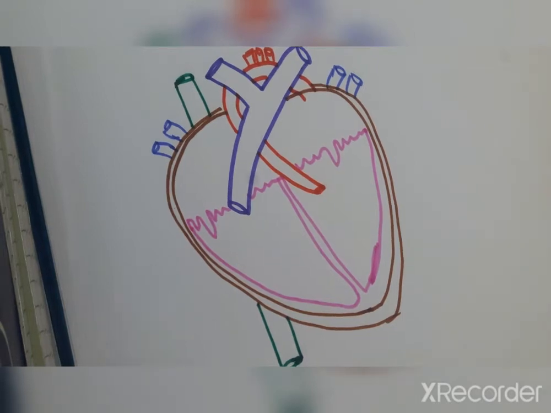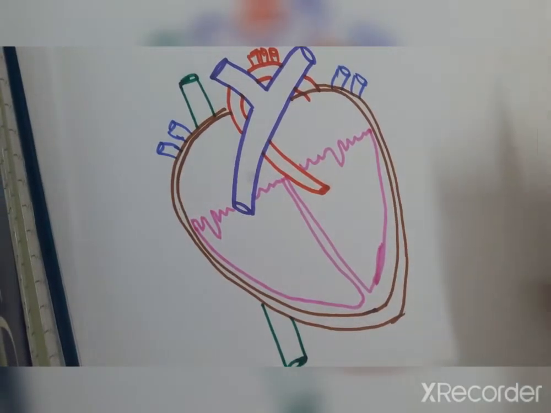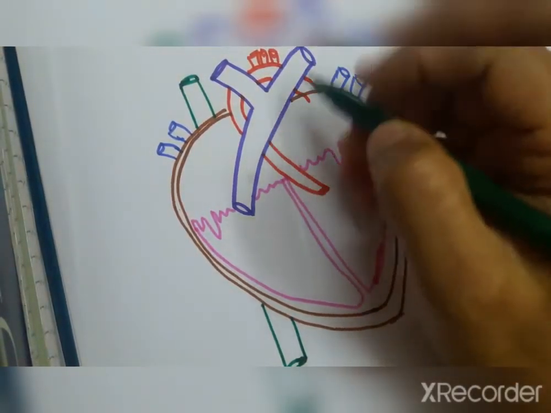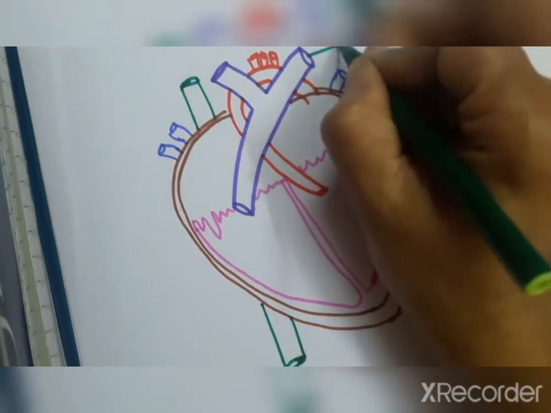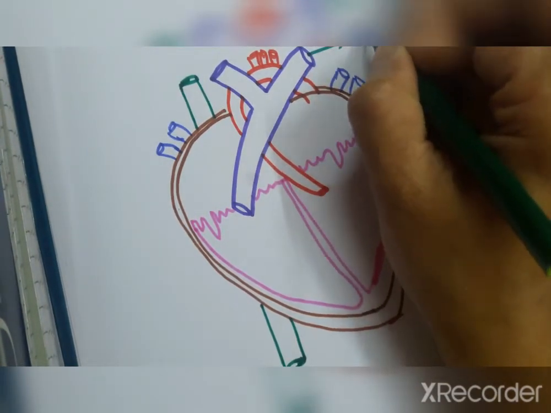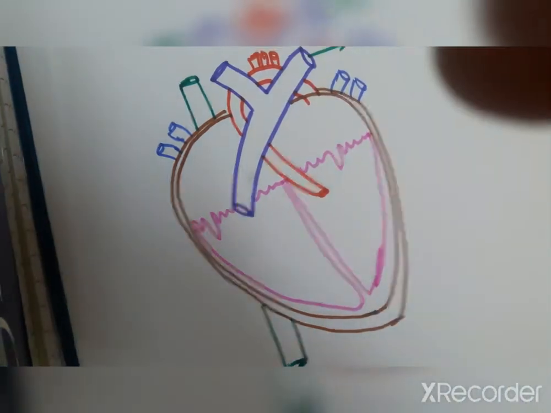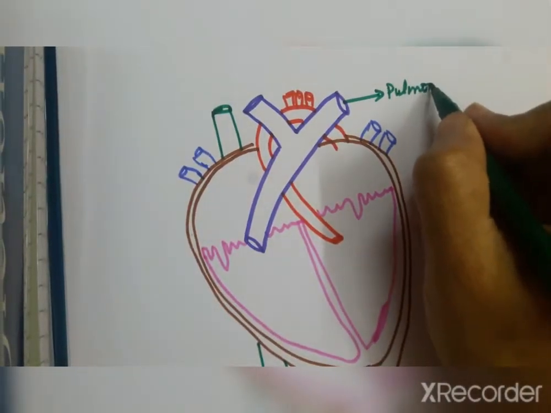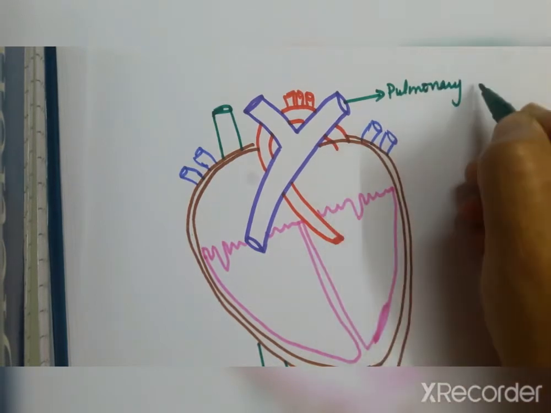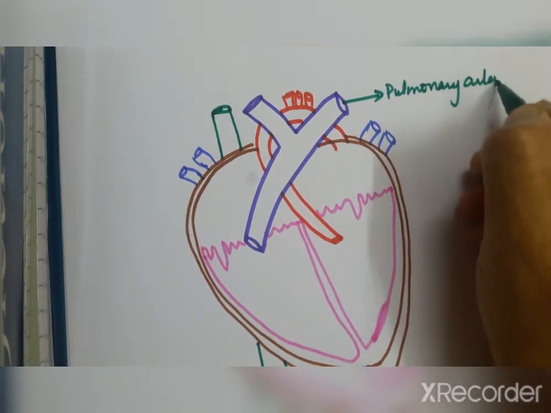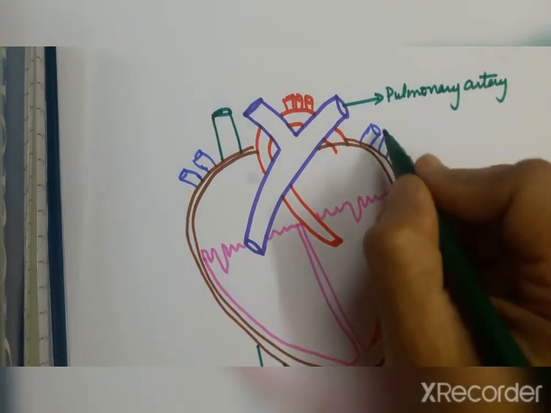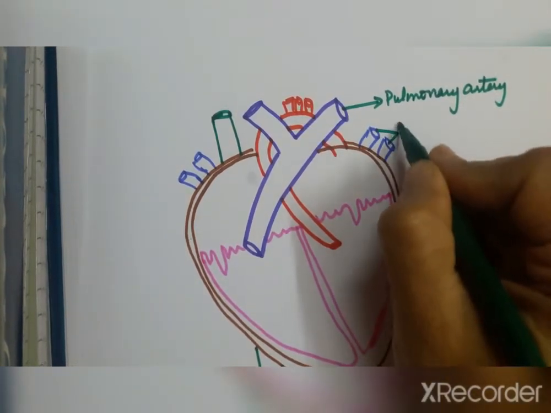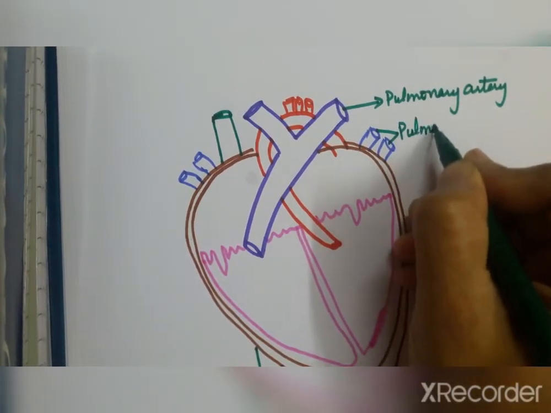Kindly observe the labeling carefully. Now this Y-shaped structure, it is called as the pulmonary artery. And these 2 are called as the pulmonary veins.